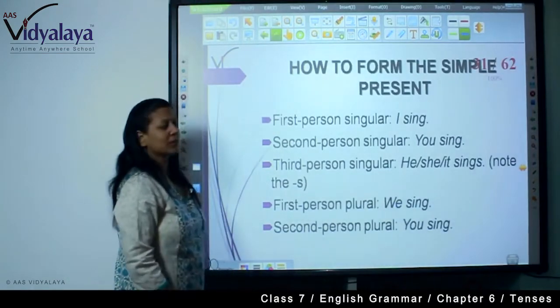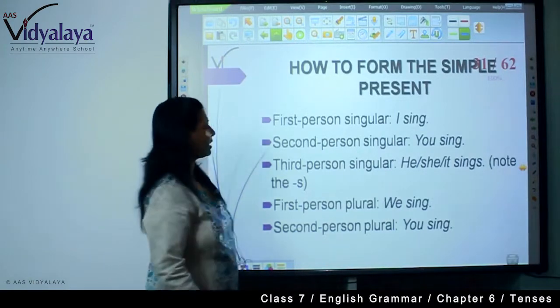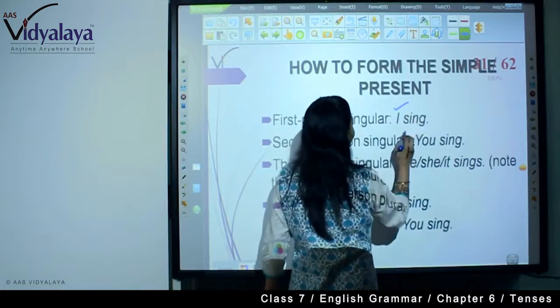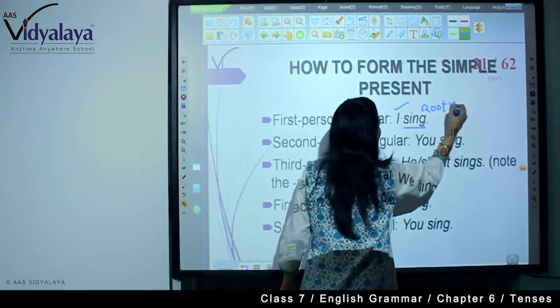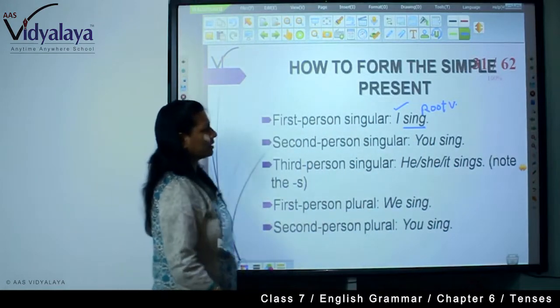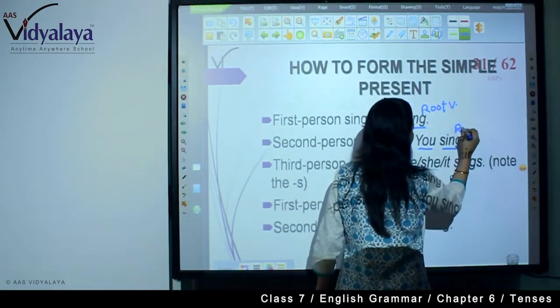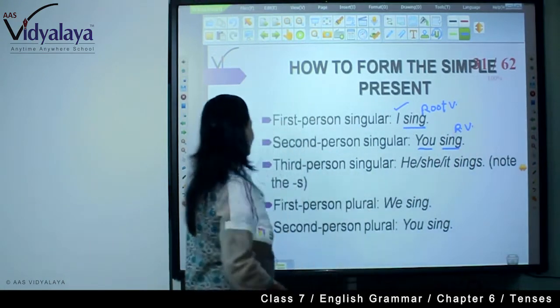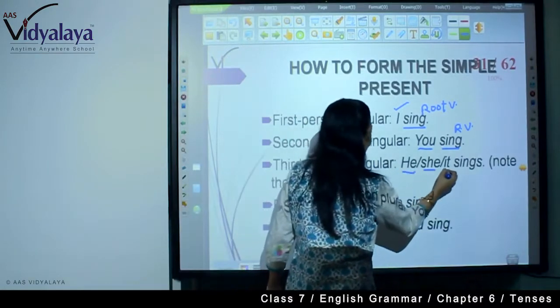Now, how to form the simple present? First person singular, I, and root verb, right? Second person singular, you, this is again root verb. Then third person singular, he, she, it.